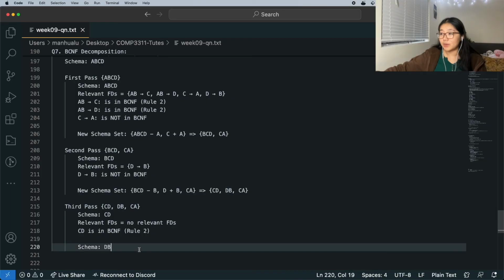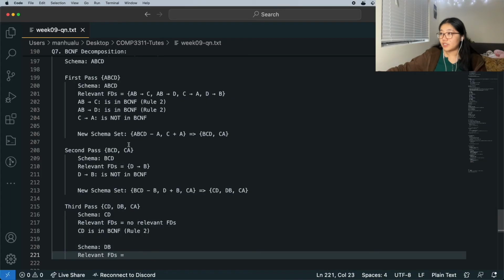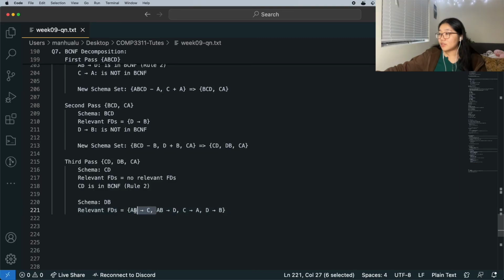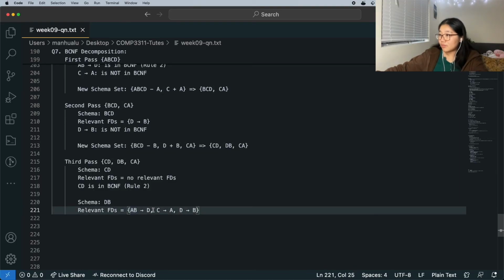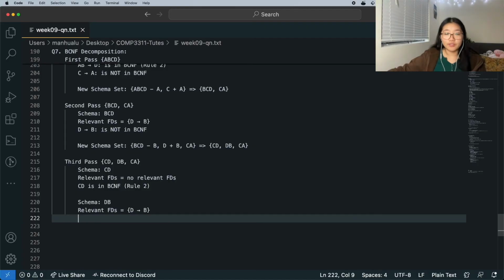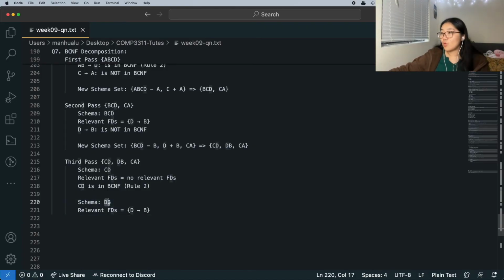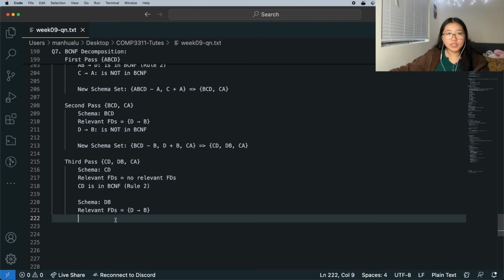So we can look at DB now and have a think about relevant FDs. So I'm going to copy and paste from the original here. DB, right, so we don't have an A, we don't have a C, we don't have an A, can't use that one, no C, no A. We can use this one, so it's not entirely no relevant FDs, but also just from this, this is in BCNF, right, because these are like the only two attributes.